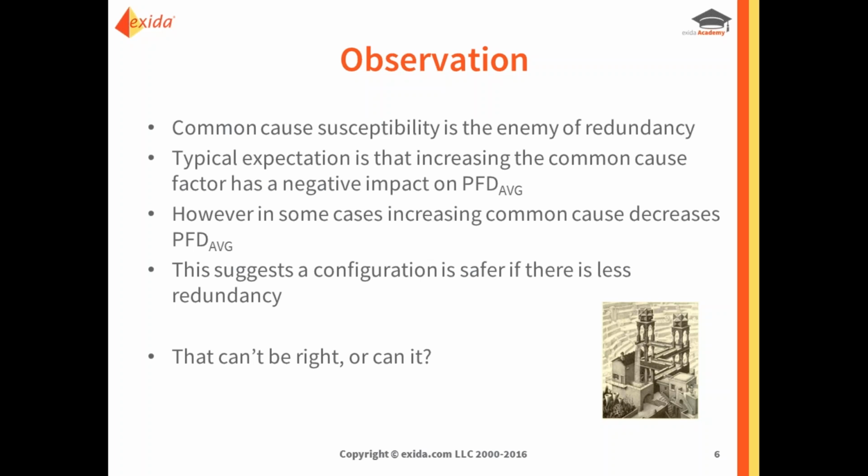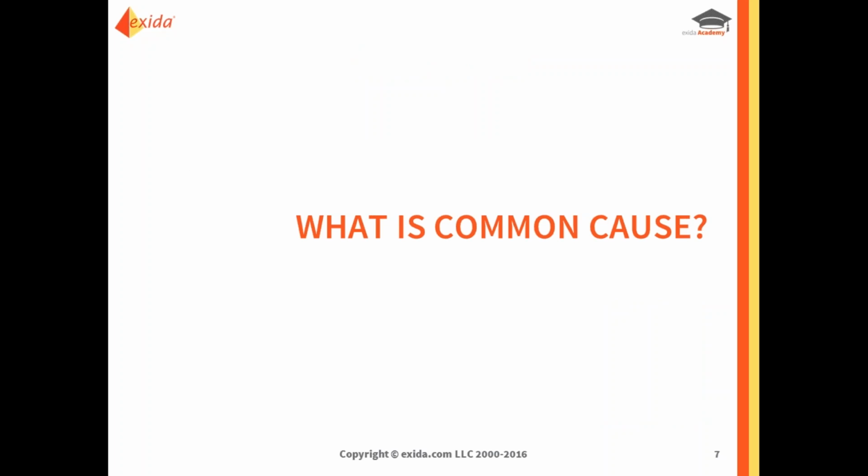So typically we expect increasing common cause to have a negative impact on PFDavg. In some cases it's the other way around. That kind of suggests that a configuration is safer if there's less redundancy, and that doesn't sound right, correct? Well, let's look at it.